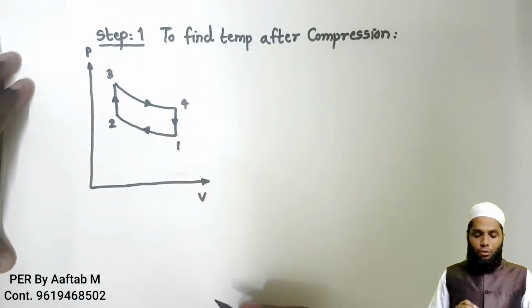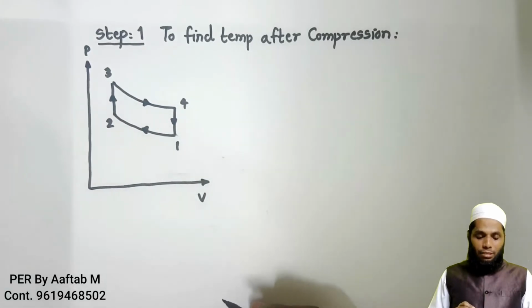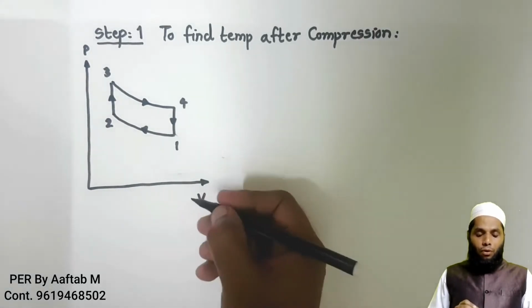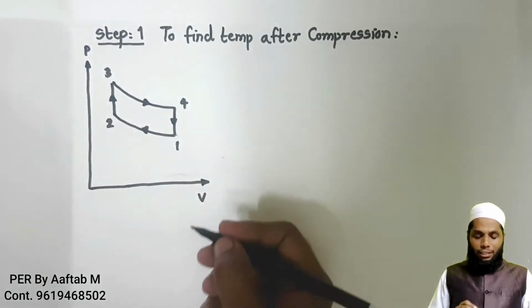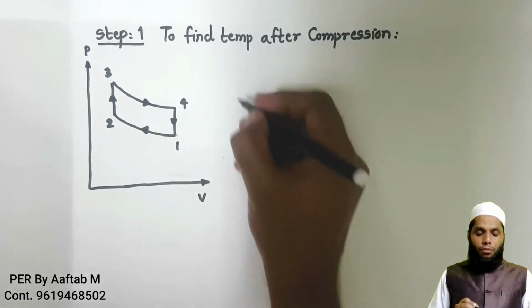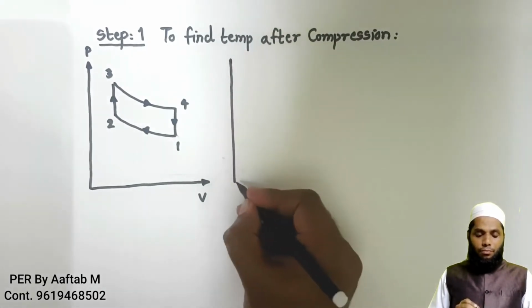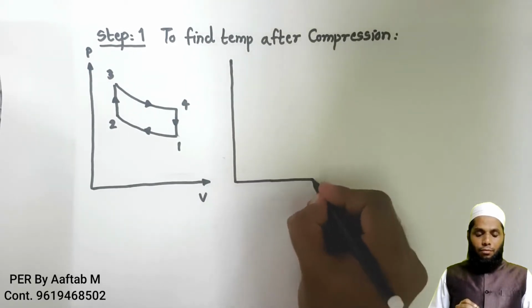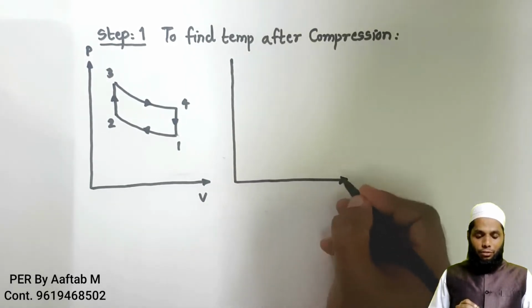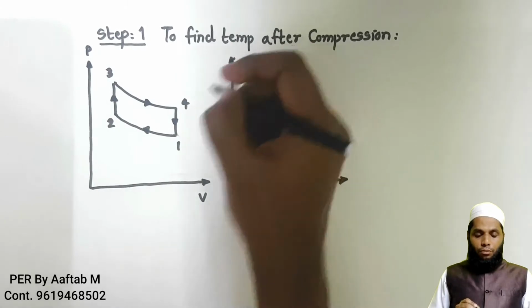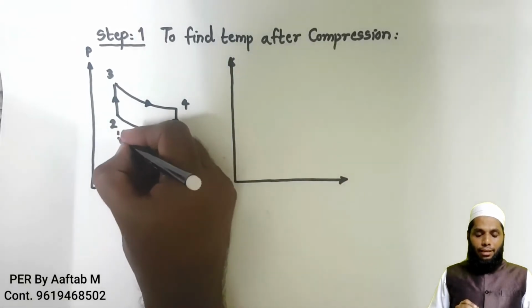2 to 3 constant volume heat addition. 3 to 4 adiabatic expansion. Then 4 to 1 is constant volume heat rejection. So TS diagram is like this.